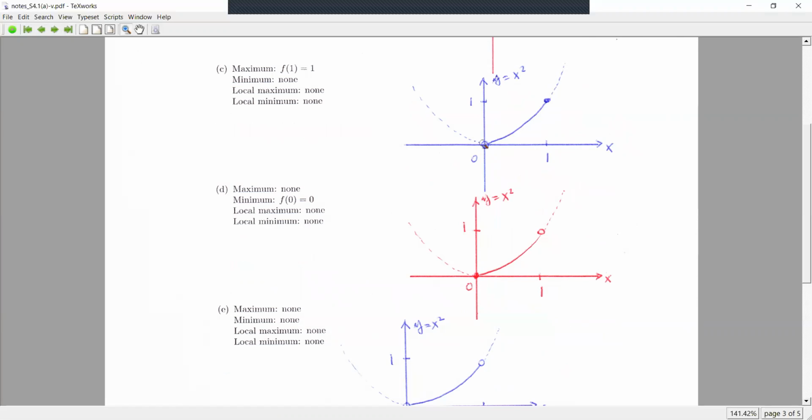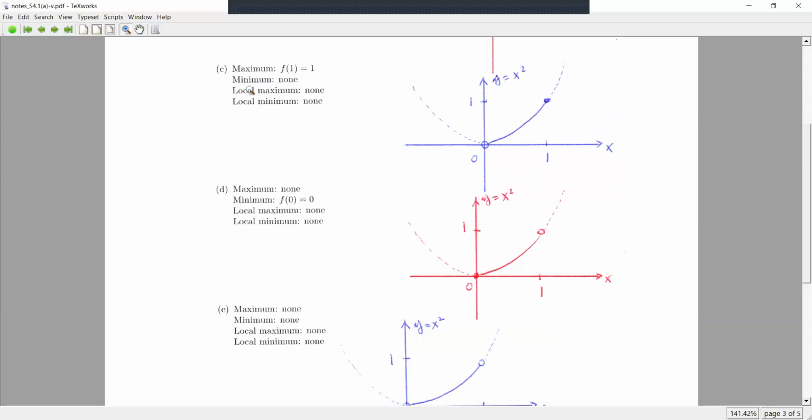Excluding 0, so put an open dot there, including 1, a solid point here. Same questions. The maximum function value, the global maximum function value, okay? This point is the highest point of this portion, so the function value at this point is the maximum function value. The location is x is 1.